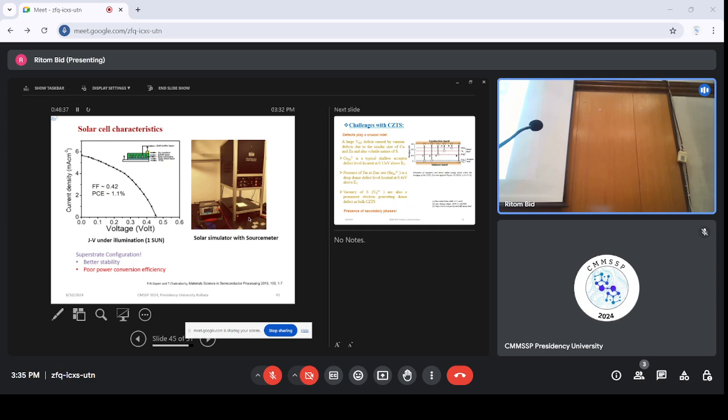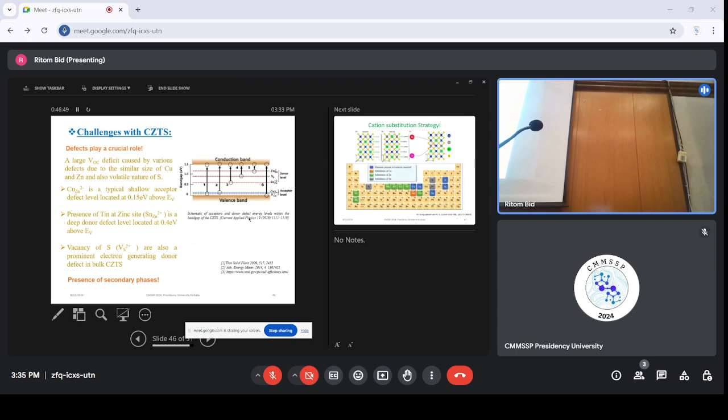So in this work, we discuss why the power conversion efficiency of this kind of structure is low, because of the effect of shunt and series resistance. Now, the challenge with CZTS is why the CZTS-based device efficiencies are low: because of the intrinsic defects present in the films. Defects play a major role in determining the device efficiencies.